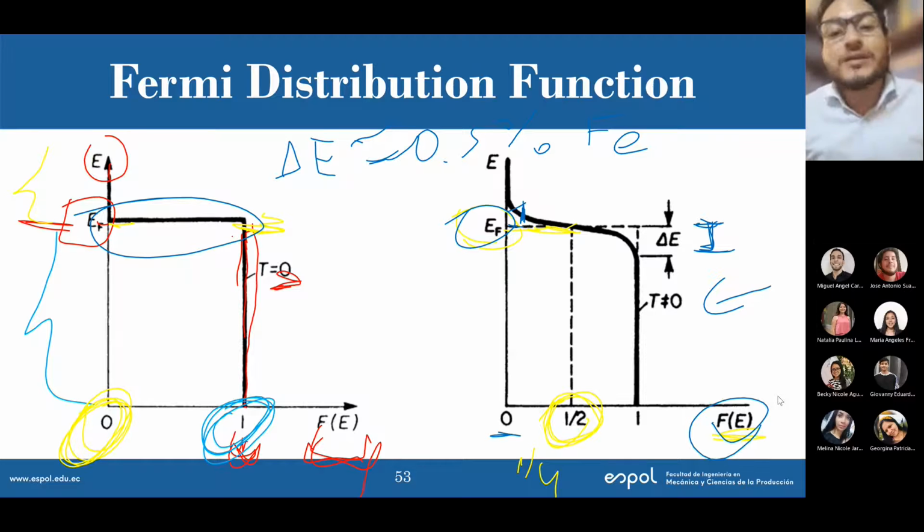They don't have only one valence electron. They have millions, billions of electrons. And even though we're not able to know where those electrons are and what their energies are, we can use this equation and these graphs, the Fermi function, to understand the behavior of the whole bunch of electrons as a group. That means just the probability of those electrons in a group.